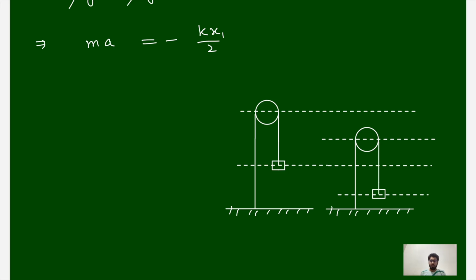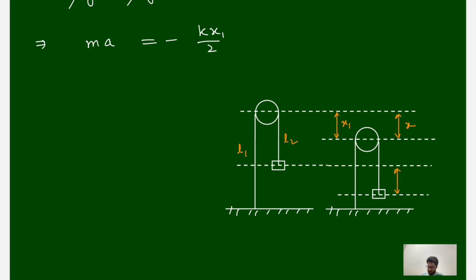Here we need to calculate the relation between x1 and x. This distance is x, by which the block has been displaced, and this distance is x1, by which the pulley has been displaced. Here we can write this length is L1, this is L2.